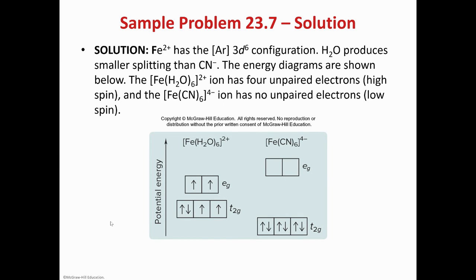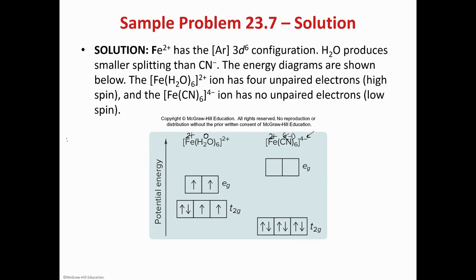Okay, here's another one. This is showing iron in 2 different complexes. So let's take a moment. This one here, water is neutral, so this iron must be 2 plus. This is 6 negative 1s. The whole thing's a 4 minus. So this is still a 2 plus, or comparing similar, right?